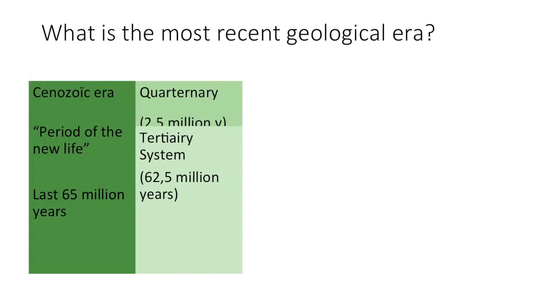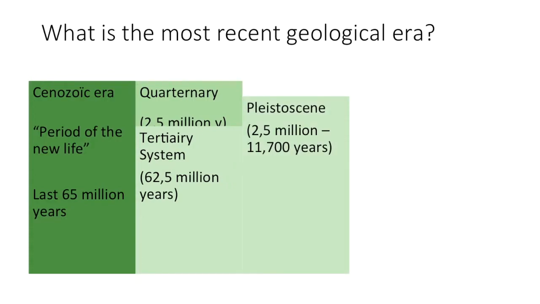And what you didn't know, because I didn't explain it to you, or maybe you knew but you were afraid to say, is that you can divide up the Quaternary system into the Pleistocene era, which is for the most part of the Quaternary system. So this plus that equals the Quaternary. All right, so the Holocene and the Pleistocene make up the Quaternary and the Tertiary make up the Cenozoic era.